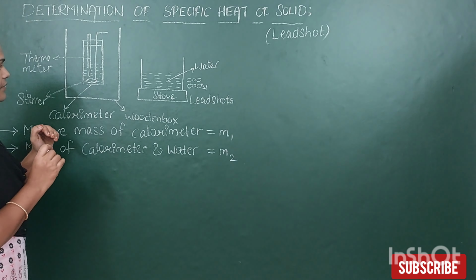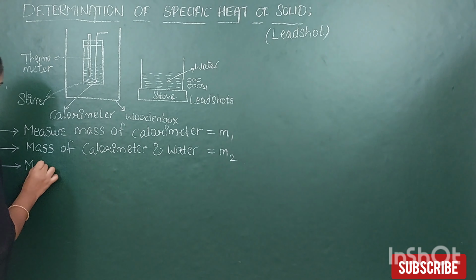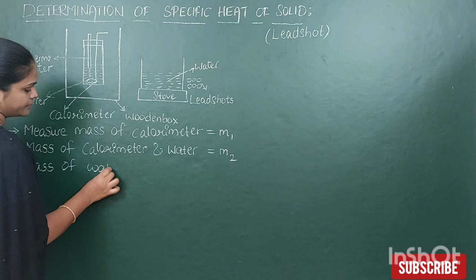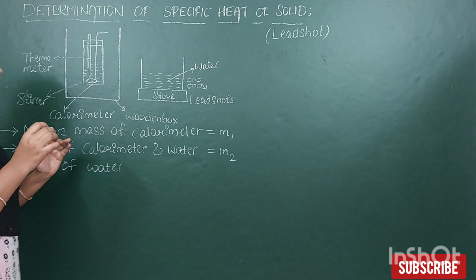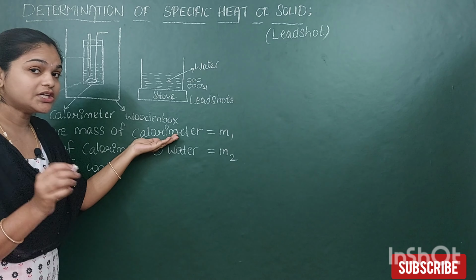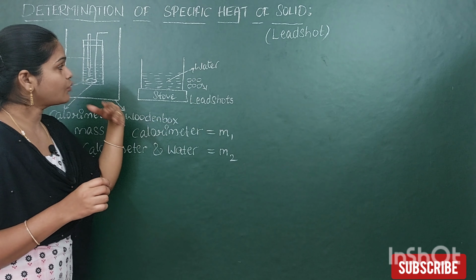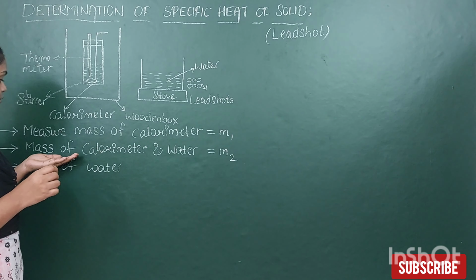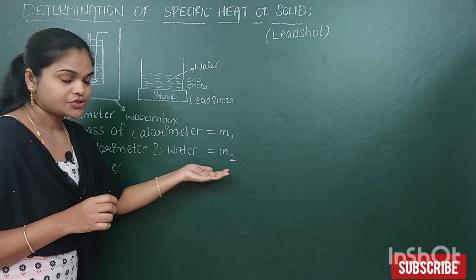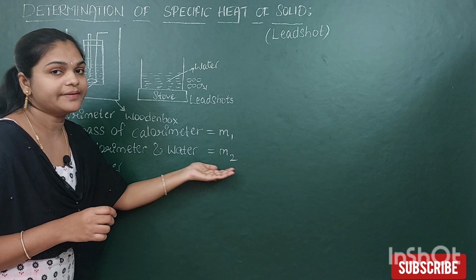Now, we want to know the mass of water. When you measure an empty calorimeter, its mass is M1. Secondly, you measured the calorimeter and water mass, so the calorimeter plus water has a mass of M2.